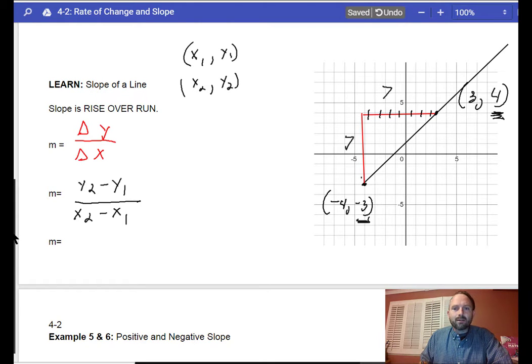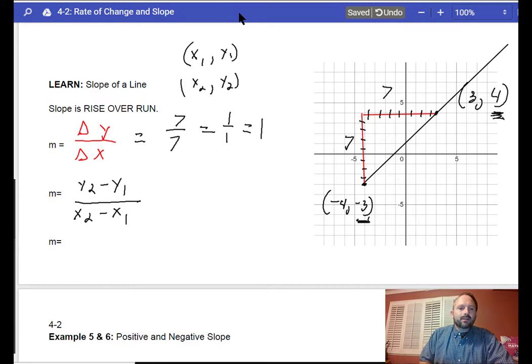Yeah, that works. So if we take this, the delta y of this is going to be up 7, and the delta x of this is going to be over 7. So our slope for this would be 1 over 1, or just 1.